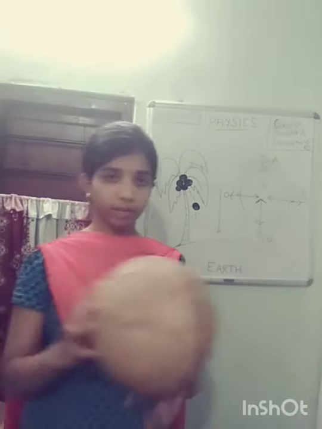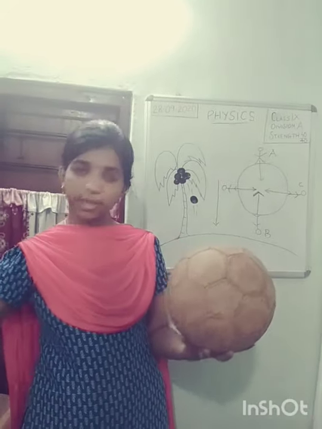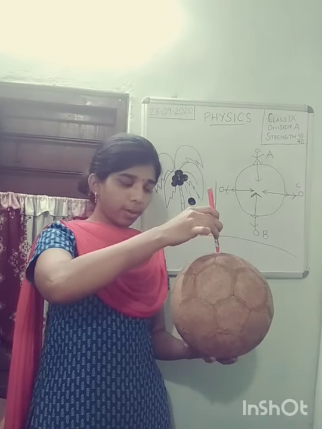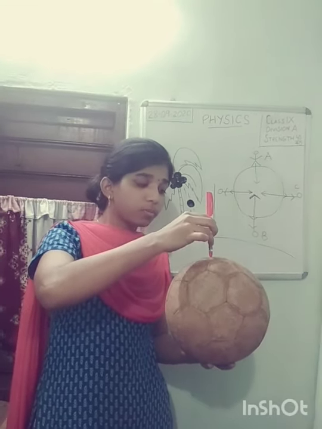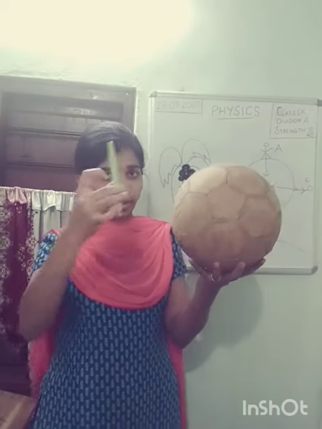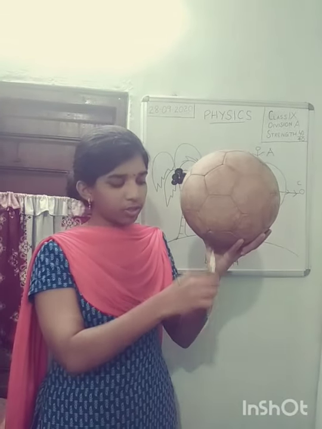I will explain it with this ball. Suppose this is the surface and this is our man. He is able to stand on this surface because the earth is pulling him towards the center. Suppose this is another man. He is standing here. He is not falling down.